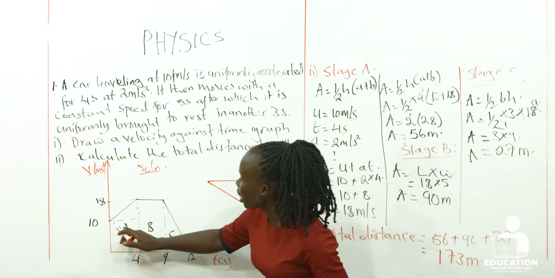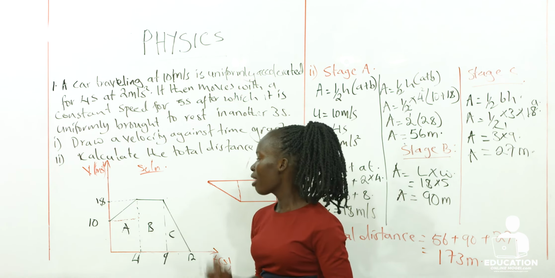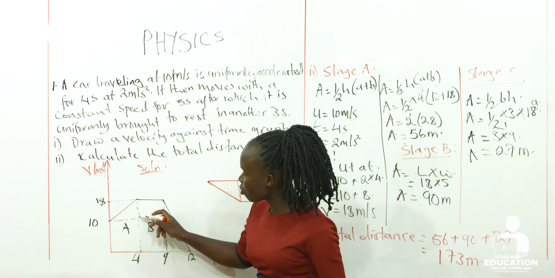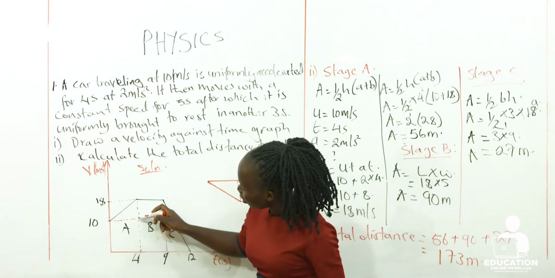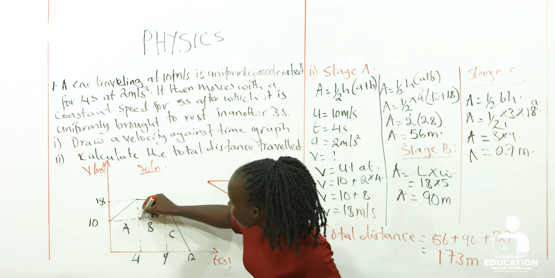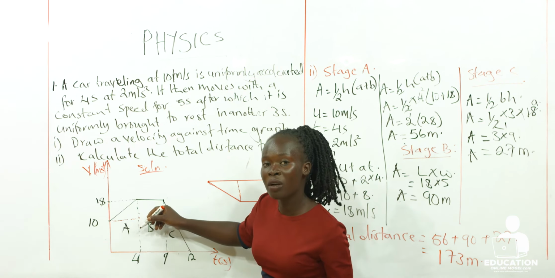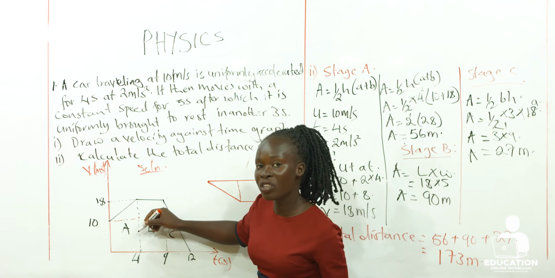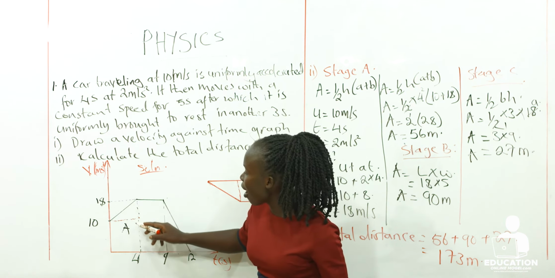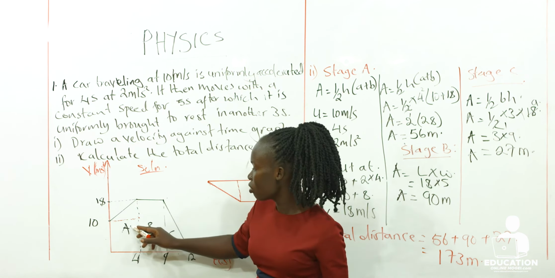So if you divide it here, what will actually be the height this time? The height won't be 18 this time round, but the height is from this point. If you divide it this way, this is now our height. So our height here is going to be 4. It's the time for the body to accelerate uniformly. So this is our time here, which is 4 seconds.